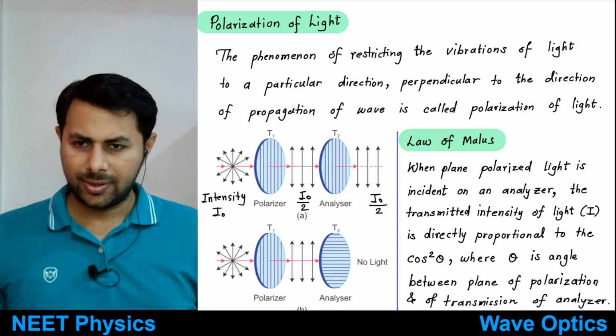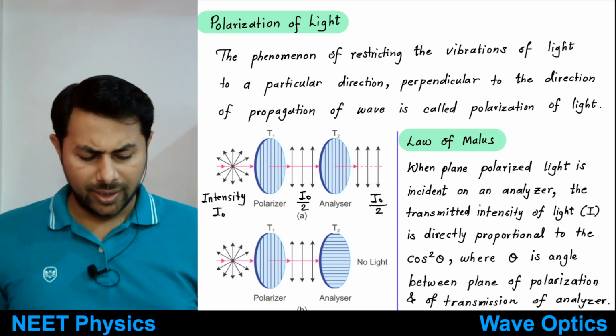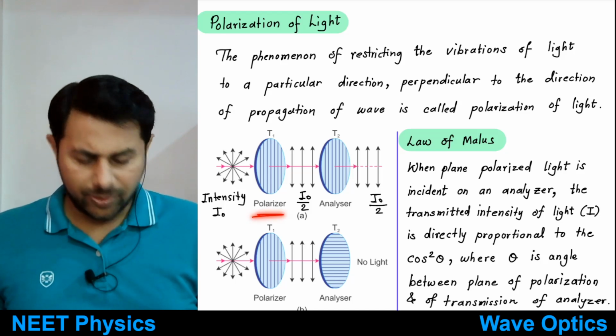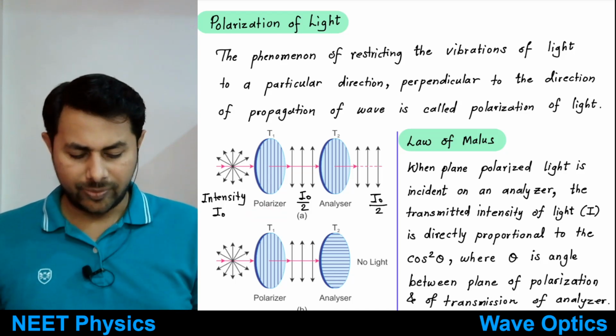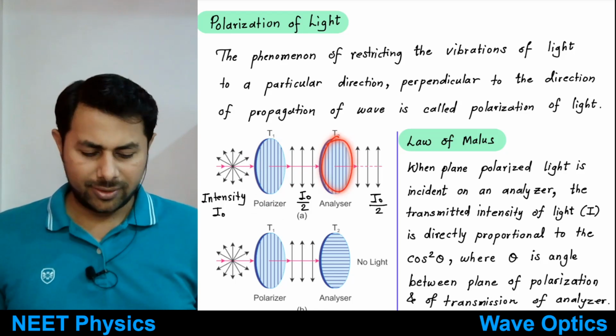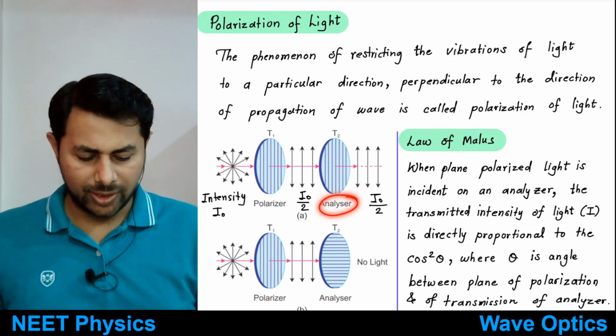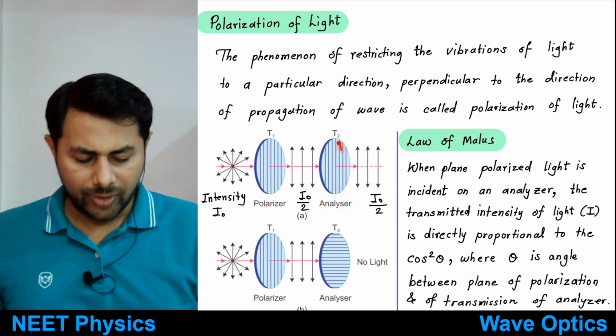Now the first polarizer is called the polarizer. Next we make use of another polarizer, which is known as the analyzer. What will it do?